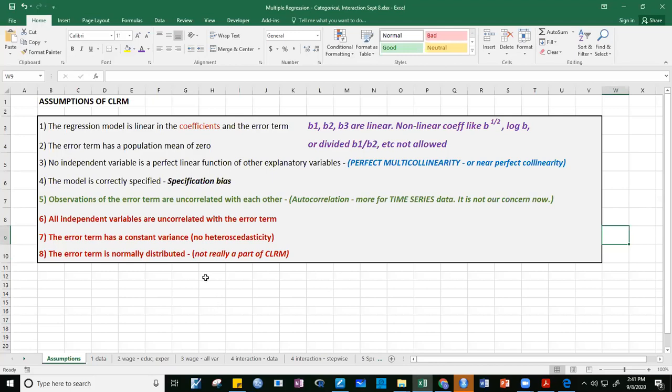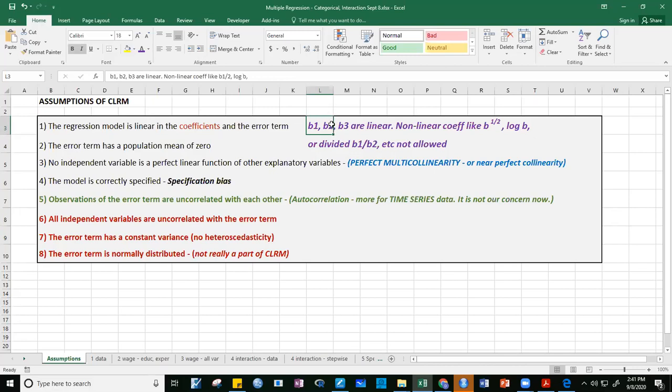All right, so just by way of quick review, I told you to list down the assumptions of the classical linear regression model, and here are some of them. The first one is that the regression model is linear in the coefficients and the error term. Ang ibig sabihin ng linear, yung mga coefficients, guys, B1, B2, B3 pertain to the parameters of the regression equation.